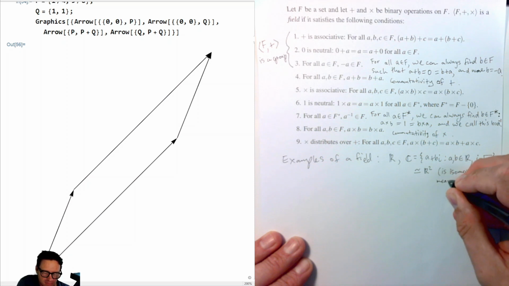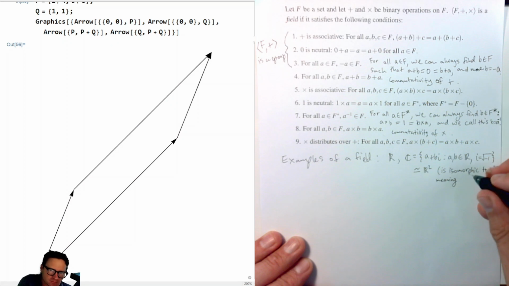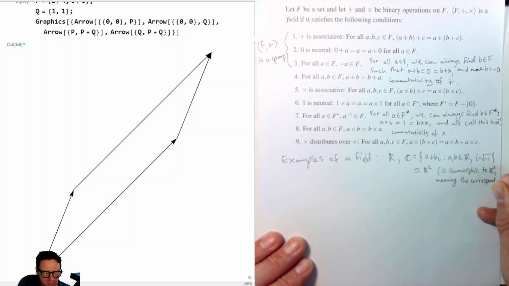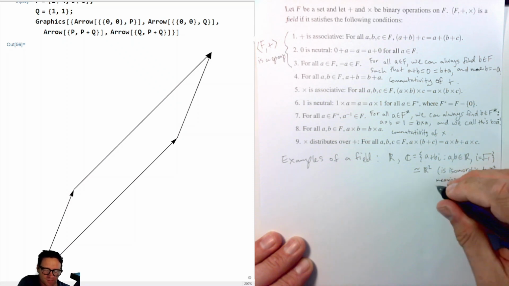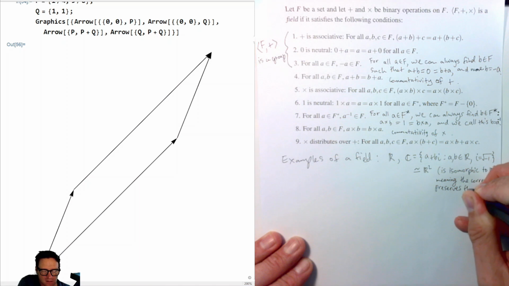meaning the correspondence preserves the algebraic structure.